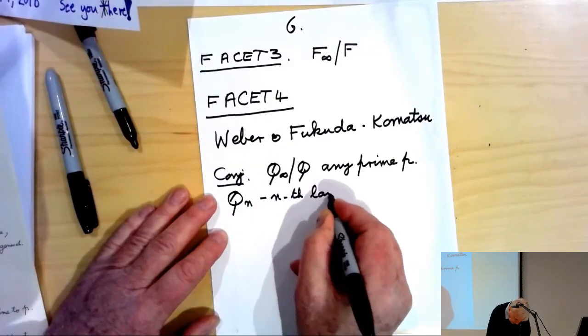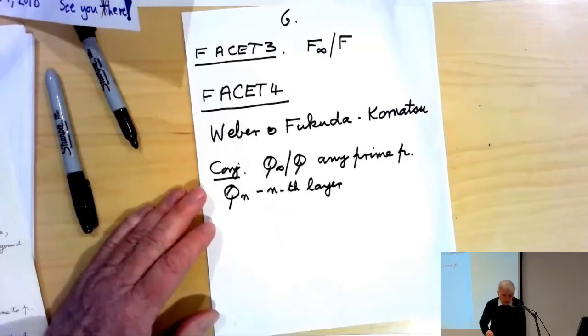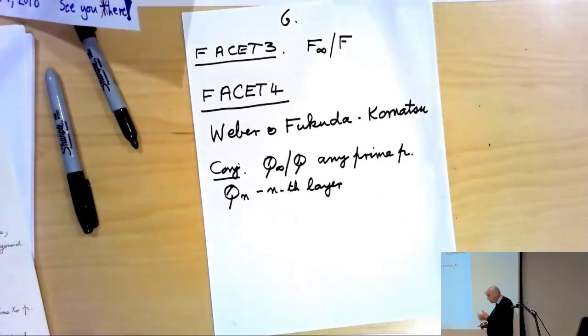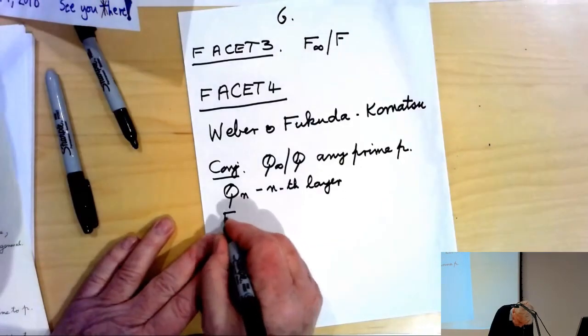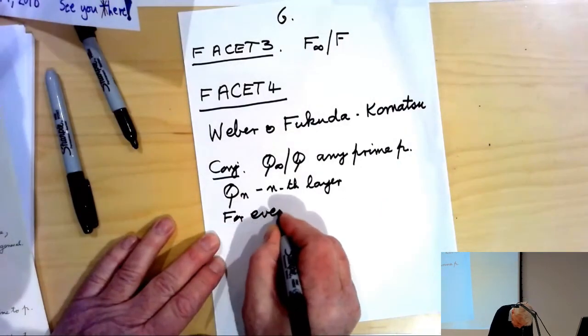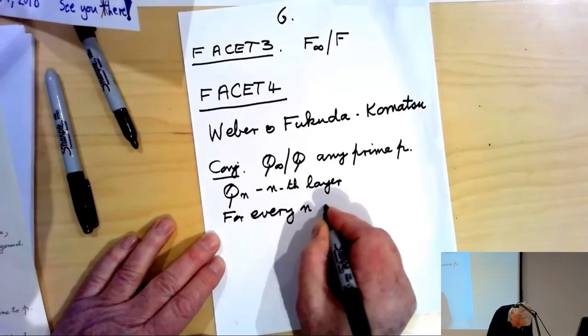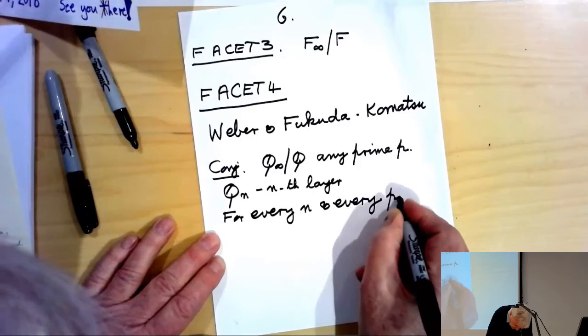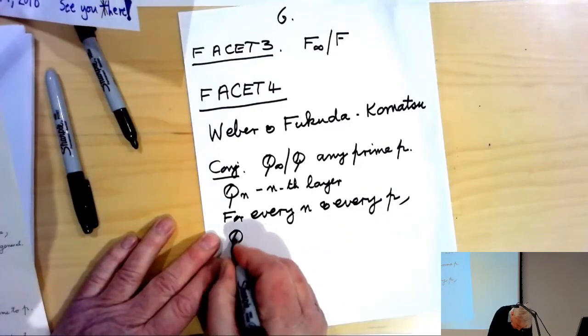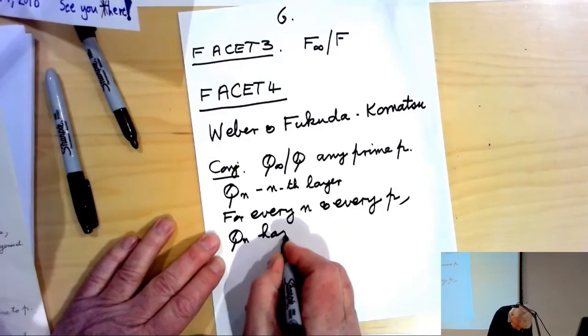This is the unique sub-extension, where p is any prime here, whose Galois group is cyclic of degree p^n over Q. And now the conjecture is that for every n and every p, Q_n has class number 1.